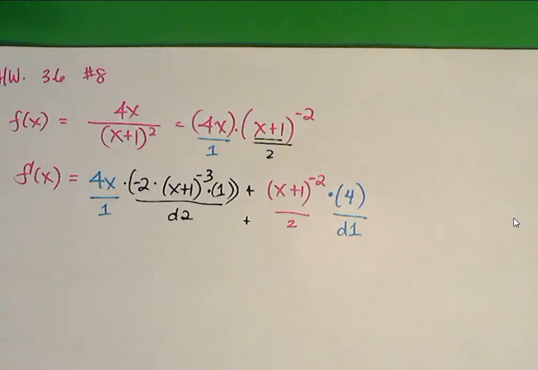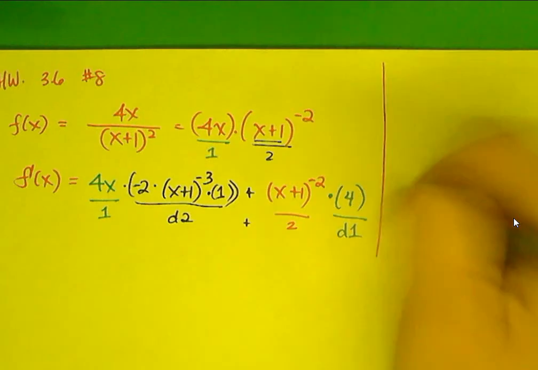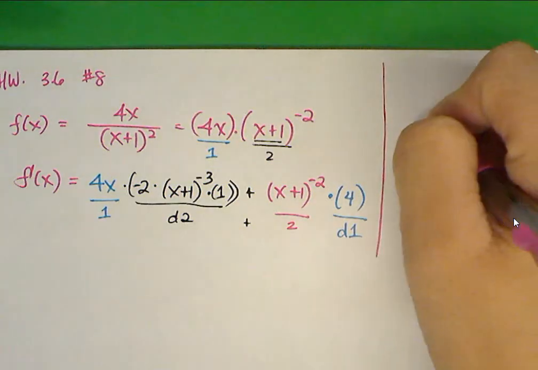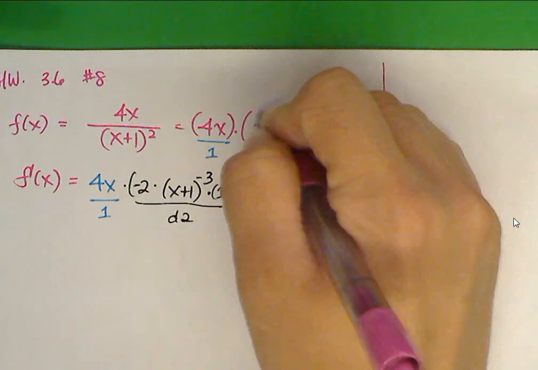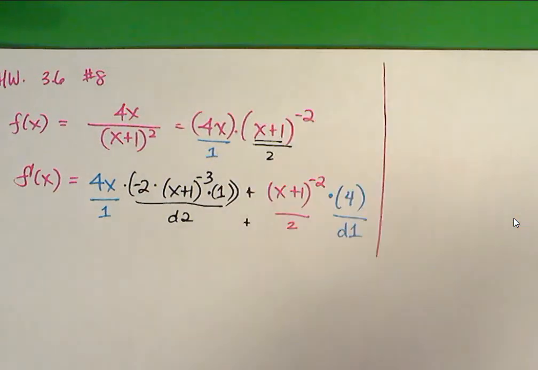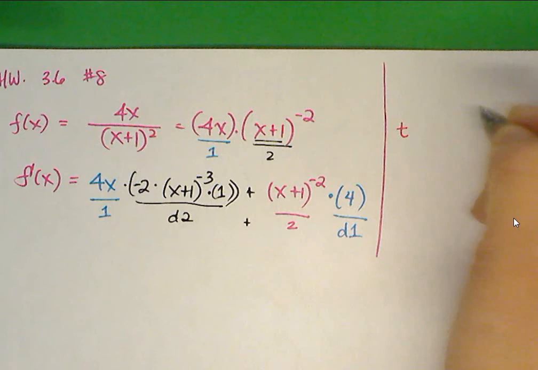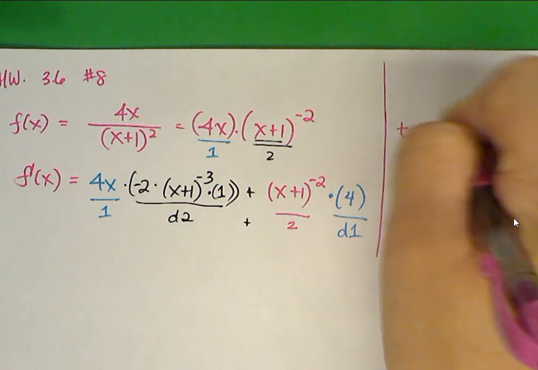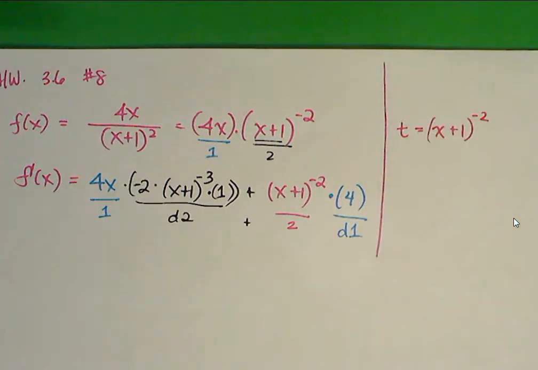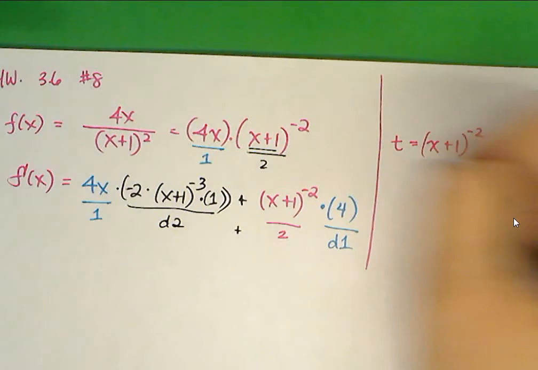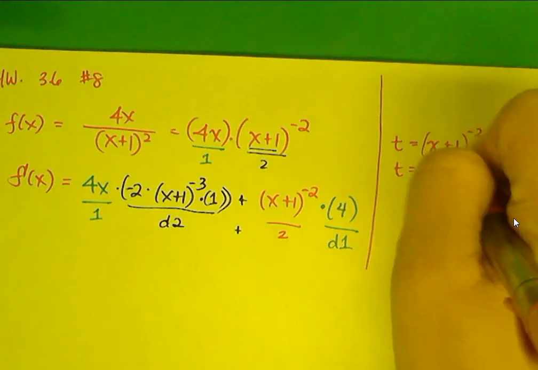Let me explain this part over here. Let's call this T, T for the second function, okay? T equals (x plus 1) to the negative 2. Think of it like this: T equals something to the negative 2.